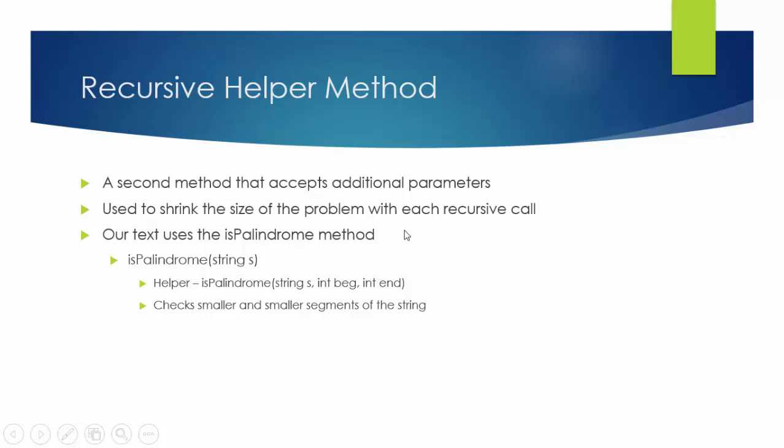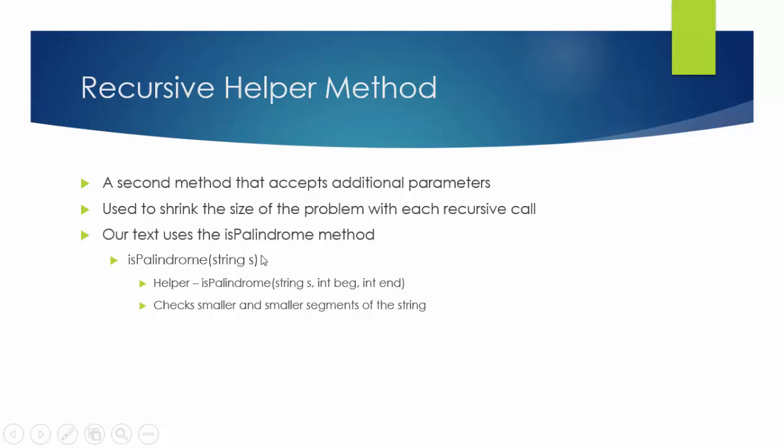Now, when we're working with a recursive method, we can also have a recursive helper method. In your textbook, you'll see that a helper method is basically a second method that accepts additional parameters from our original method. So we're shrinking the size of the problem.